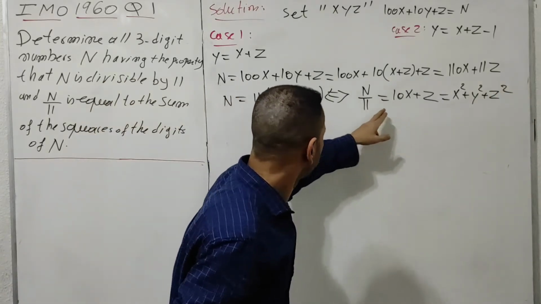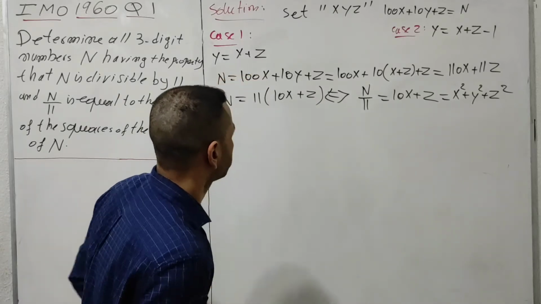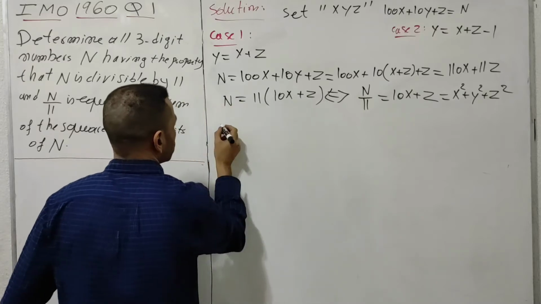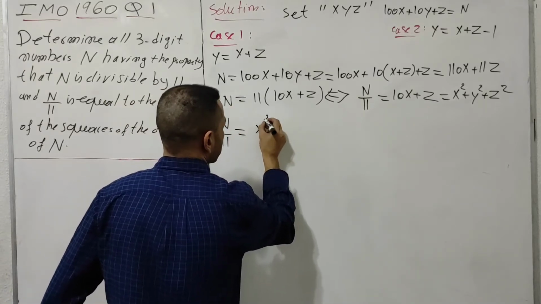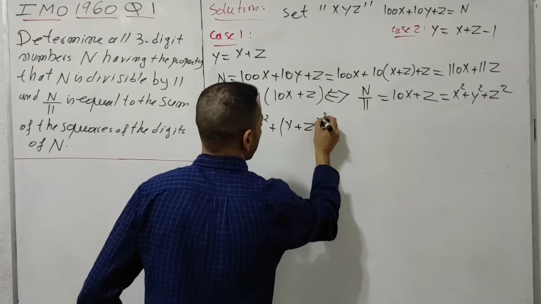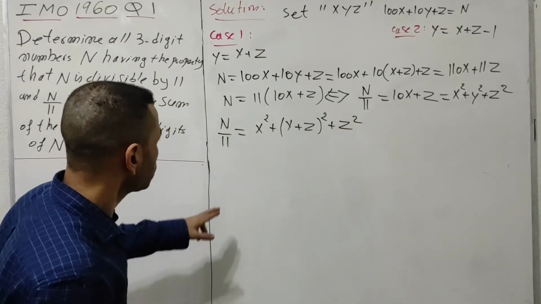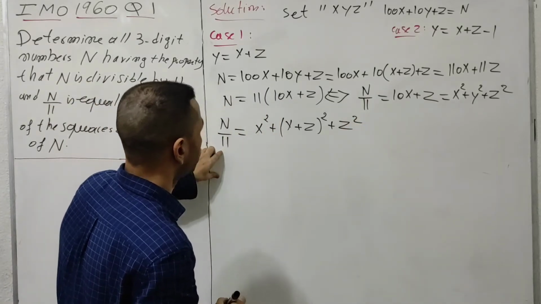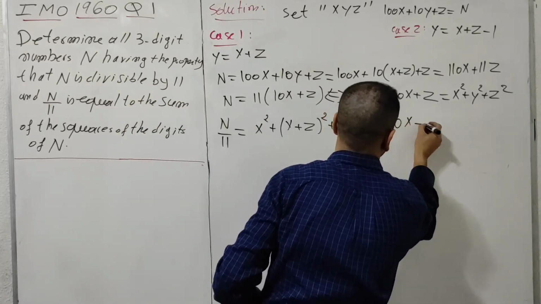I'm going to replace y with its value because we found y equal to x plus z by matching the numbers. So n over 11 equal to x square plus x plus z squared plus z square. Okay, n over 11 at the same time equals 10x plus z.